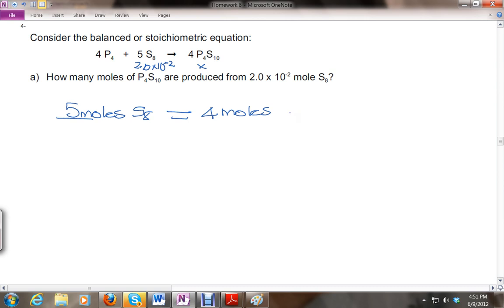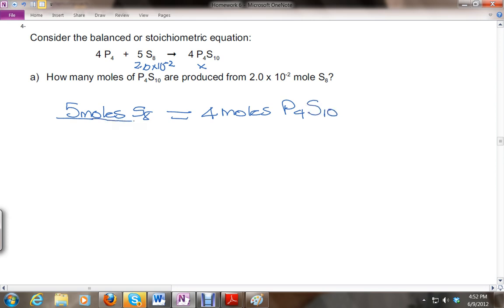Remember, the coefficient means the moles of molecules or elements. For example, phosphorus exists as P4, one of the allotropes of phosphorus, so 5 moles of S8 gives 4 moles of P4S10, right?